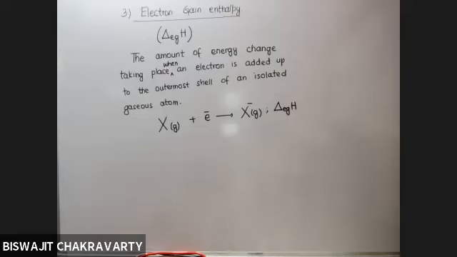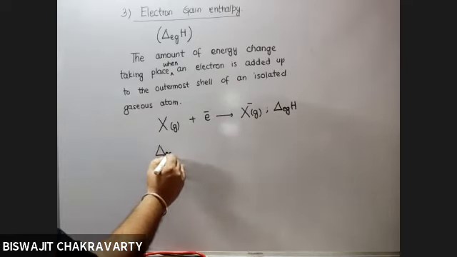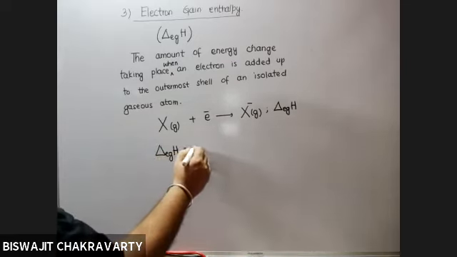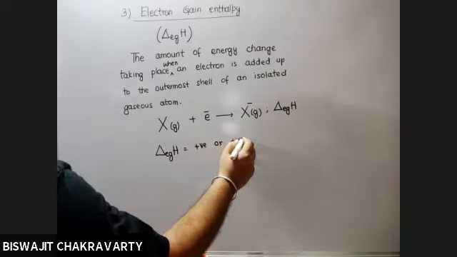Now the question arises: energy can never be negative, but energy change can be negative or positive. And so delta EGH can be a positive value or a negative value also.